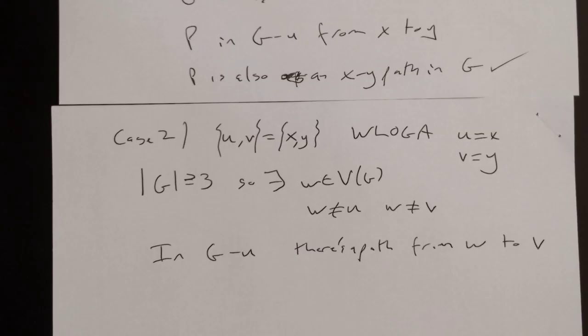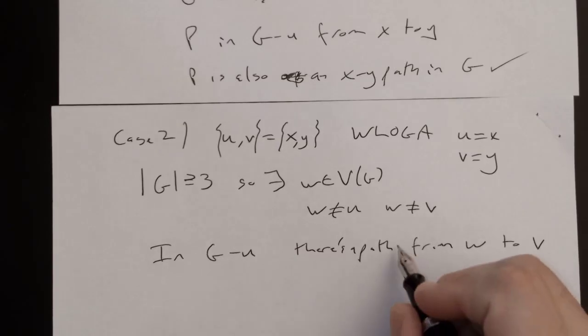I'm trying to show there's a path from U to V. I don't know there is one yet. But I know there's a path from W to V in G minus U because G minus U is connected. So if I take away U, I can still get from W to V. Let's call this path P1.